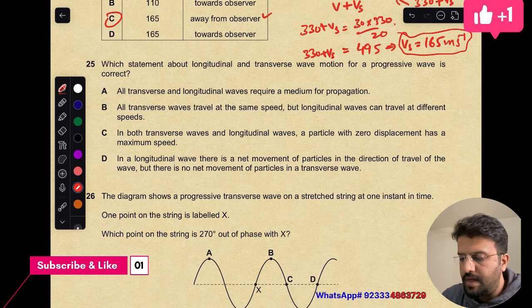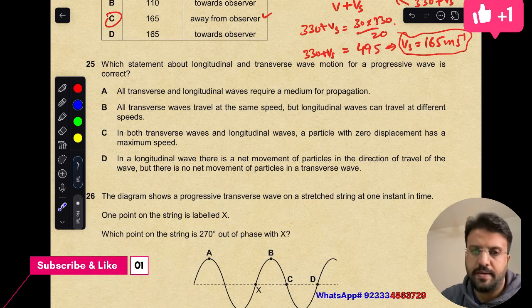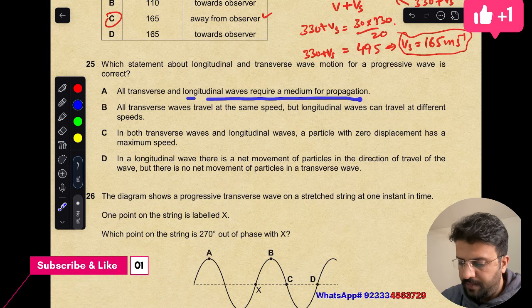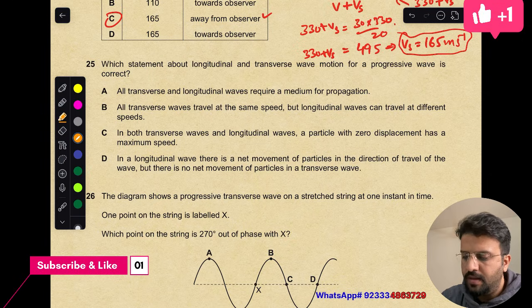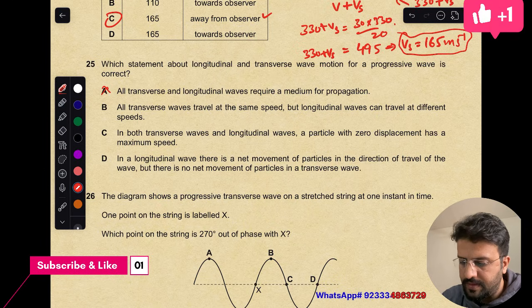In the next question, which statement about longitudinal and transverse wave motion for a progressive wave is correct? In option A, all transverse and longitudinal waves require a medium for propagation. No, mostly transverse waves are electromagnetic waves. They do not require any medium to pass, right? So that is wrong.